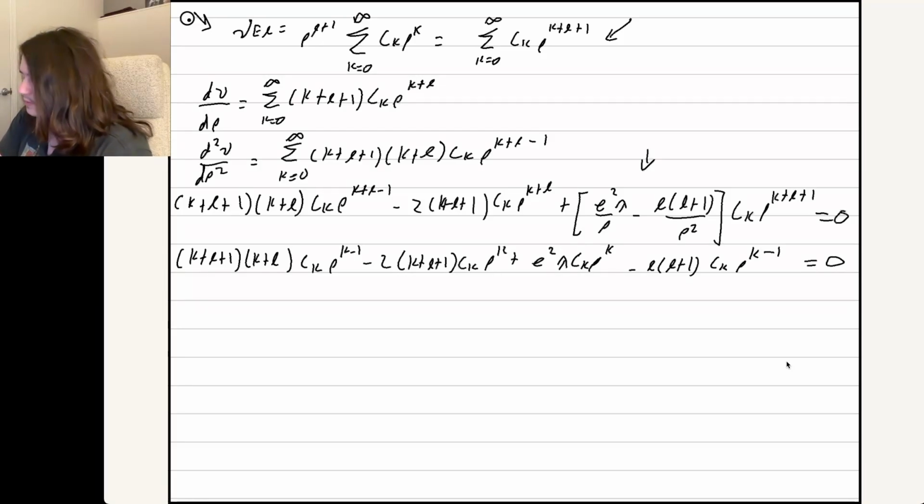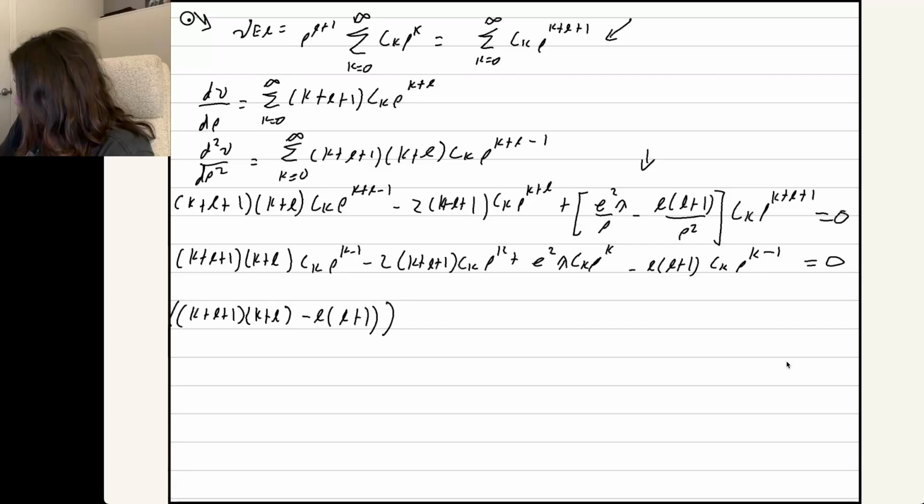Now we're going to collect the terms that have the k minus 1 factor. So we have k plus L plus 1 times k plus L ck, but also minus L times L plus 1.